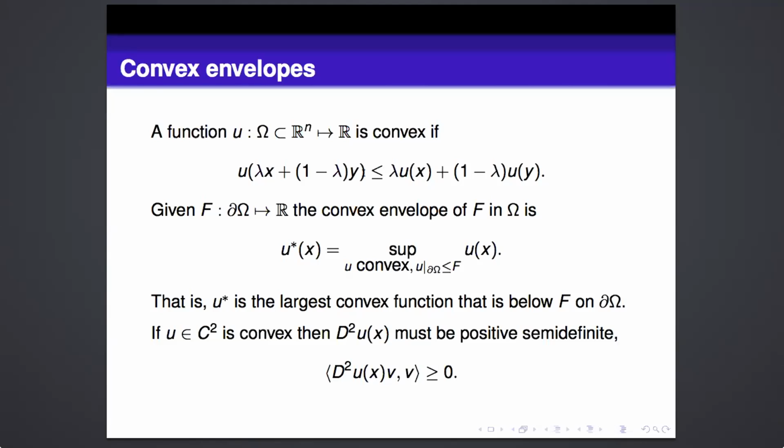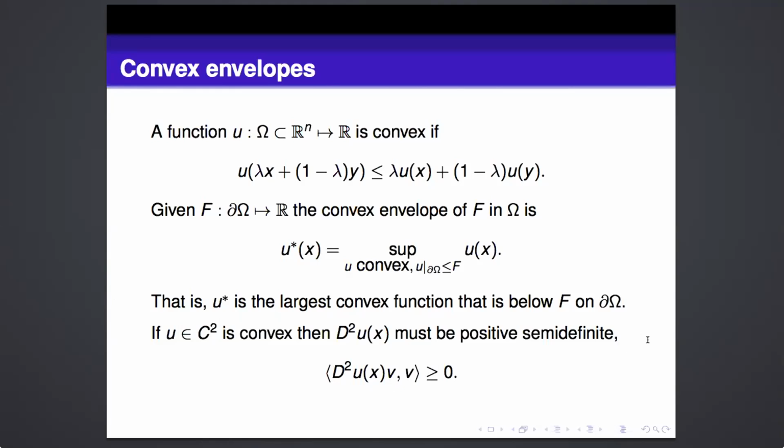Okay, in terms of the eigenvalues of the Hessian, what do you have? A function that is C2, that is smooth, is convex. Then the matrix, the Hessian, has to be positive semi-definite. So the second derivative in any direction of your function u has to be bigger or equal than 0.